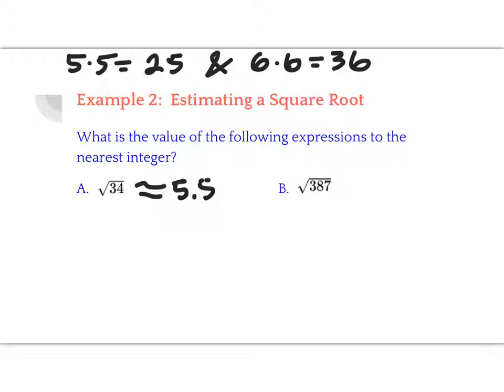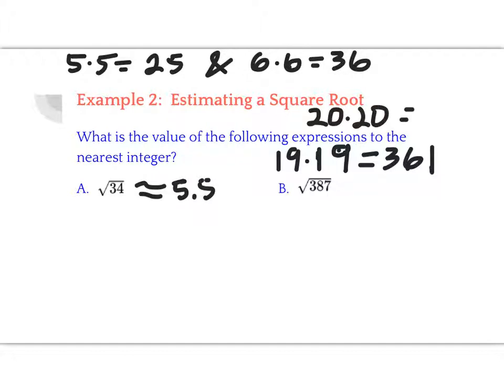So what about the square root of 387? Is it even a perfect square? Well, it so happens that 19 times 19 is 361, and 20 times 20 is 400. So we notice that 387 falls roughly in between.